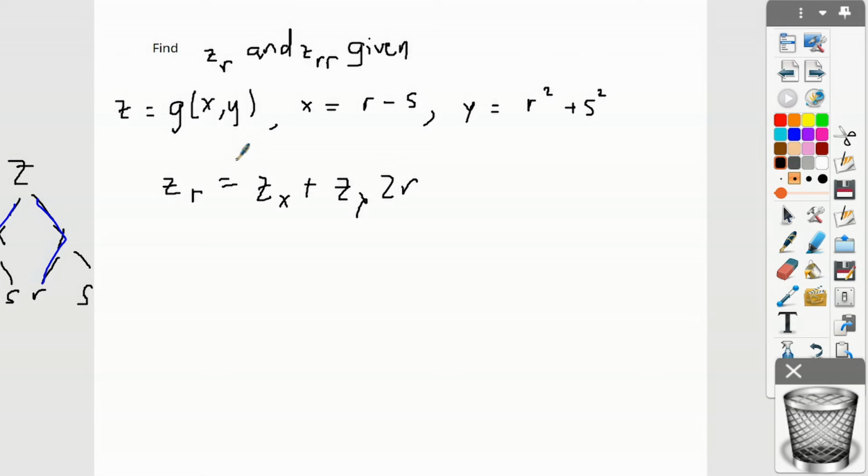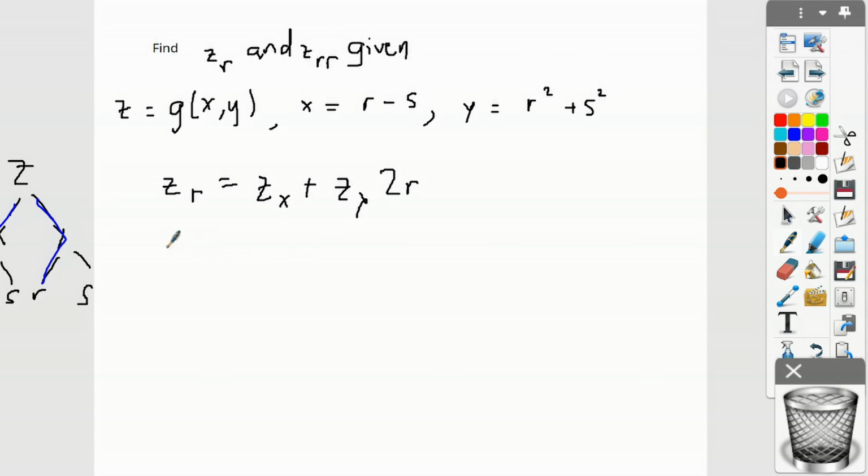We don't know at all what z sub x or z sub y is. It's just a function, I'm just saying function g of x, y. So it could be g sub x plus g sub y for all I know. Okay. So this is your function right here. This is a 2, not a z, and I need to draw my 2's better.